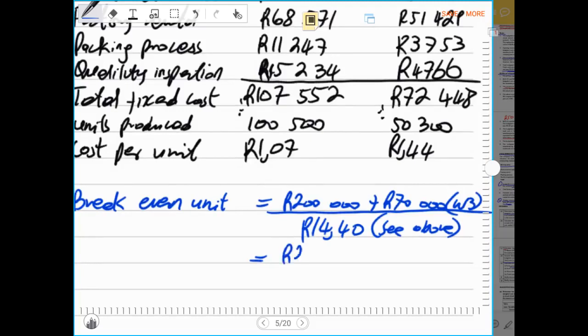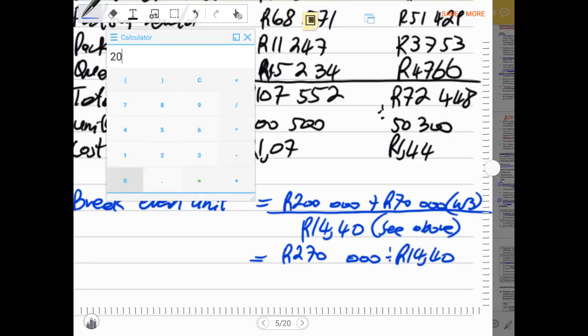So now I will get to 270,000, and I divide this by 14 rand 40 cents, and this gives me a total of 13,889, which is my break-even point in this case.